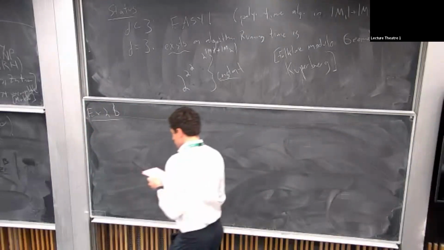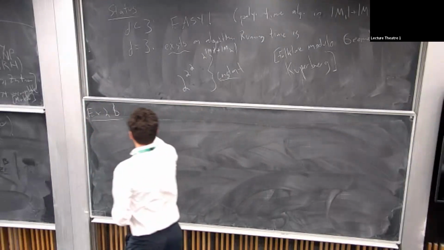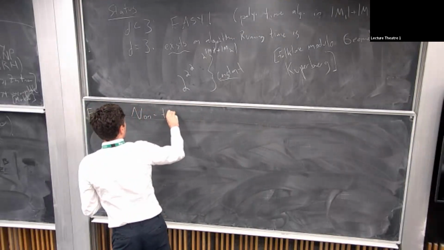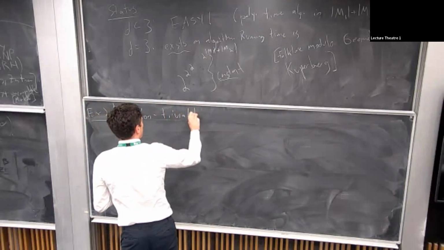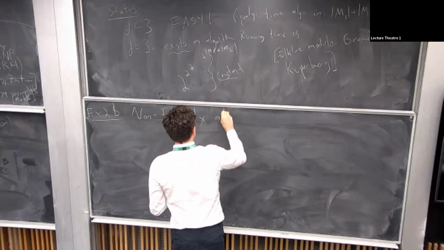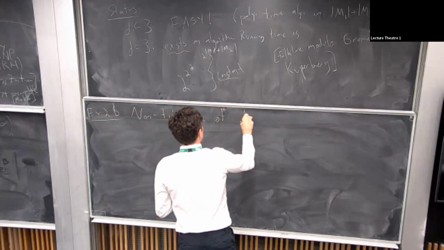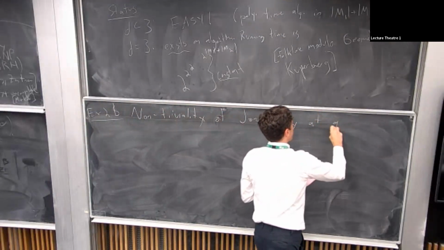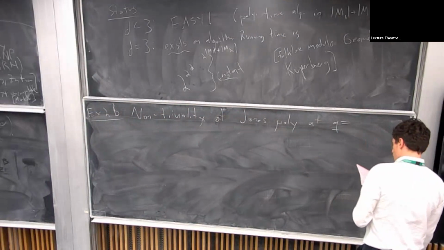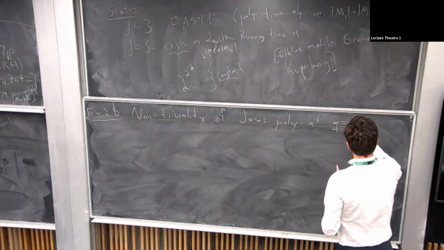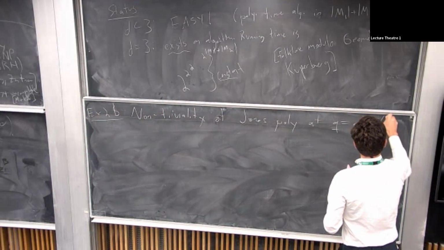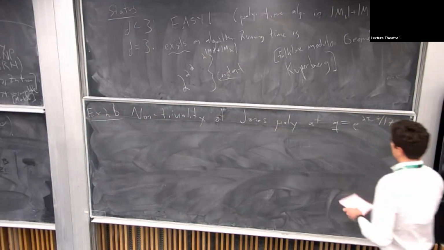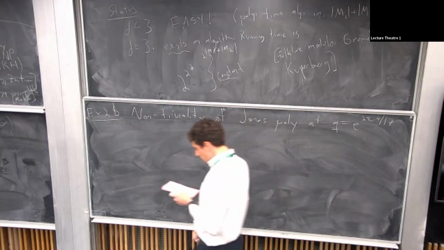So let's do another slightly contrived one, but it's important for quantum computation. I'll call this non-triviality of the Jones polynomial at q. Just for the sake of this, I have to pick a value of q, and I'm going to pick a 17th root of unity. Why not? There's a few roots of unity you don't want to pick for what I'm about to say.